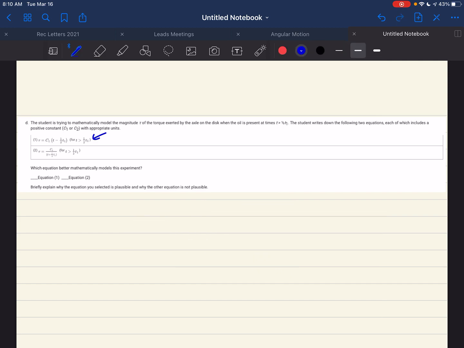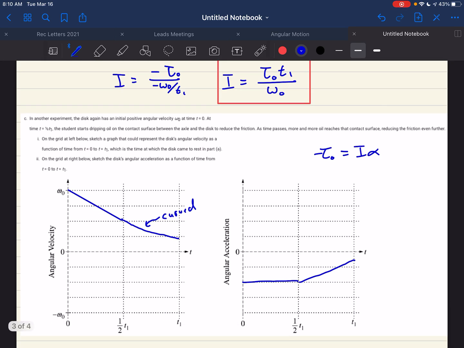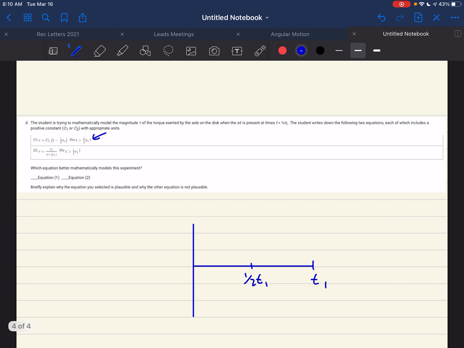Let me redraw it to make it look nicer. Let me just check this really quick. I want to make sure I did this right. Okay, so for the first one, this is actually a graph of the torque over time, since they're modeling the torque.